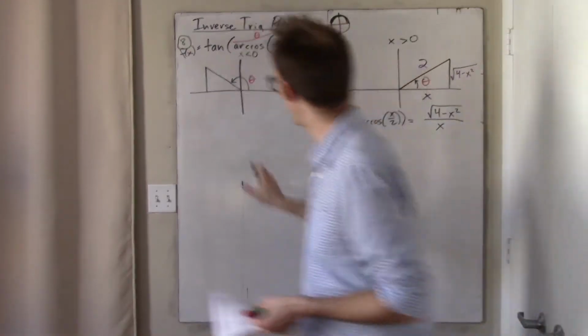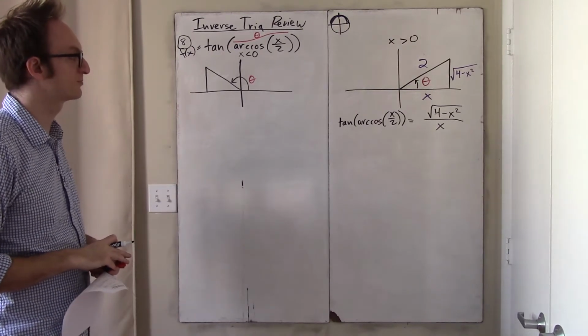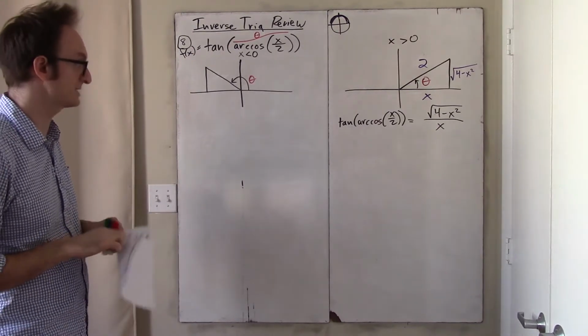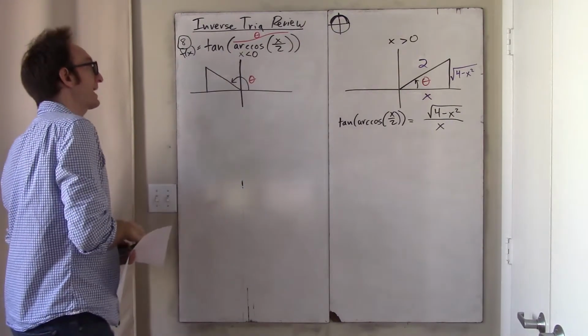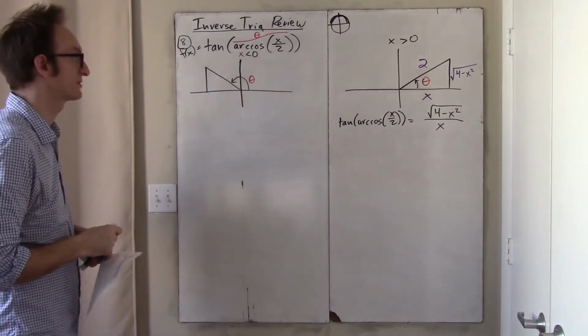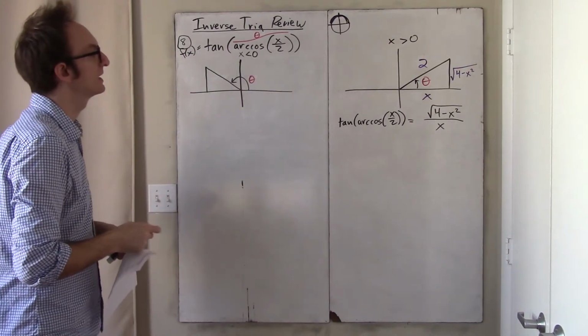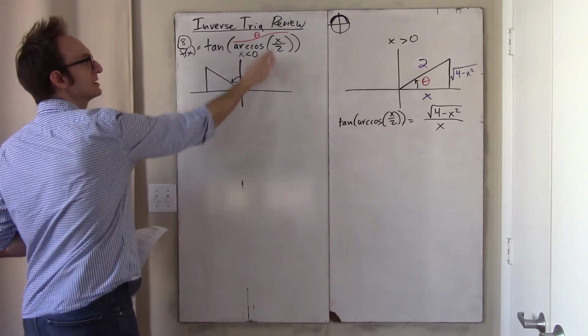Okay, that was fine. Let's see what happens in the case where x is negative. Well, if x is negative, I have to use some more care when labeling the sides of the triangle. But I still need it to be the case that the cosine of this angle is x over 2.